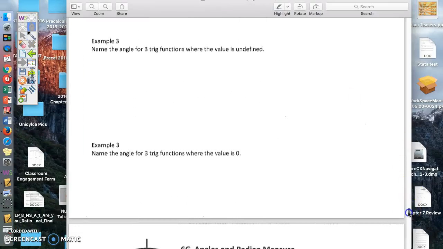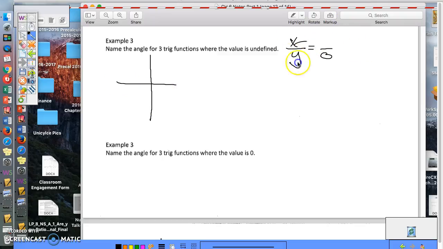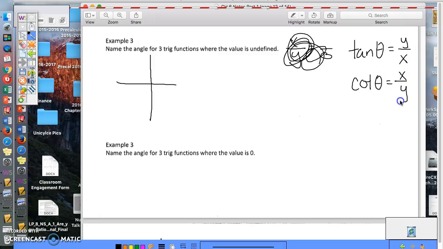Now, it says name the angle for 3 trig functions where it's undefined. So it's undefined when we think about a fraction: when we have a fraction, we can't have a 0 on the bottom. We know our tangent equals opposite over adjacent, and our cotangent is x over y.